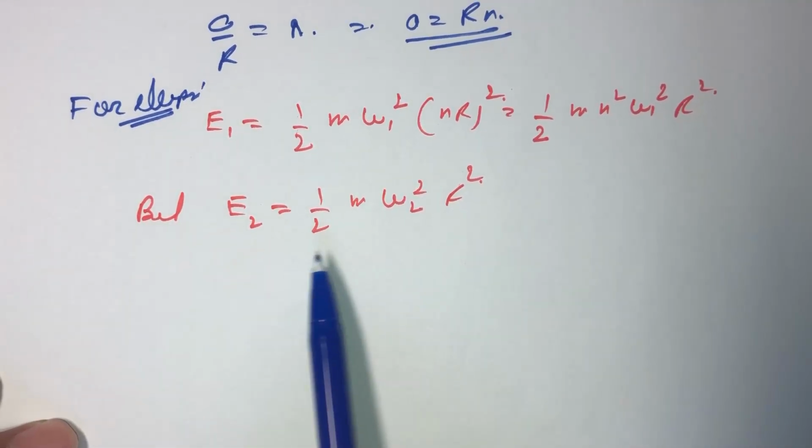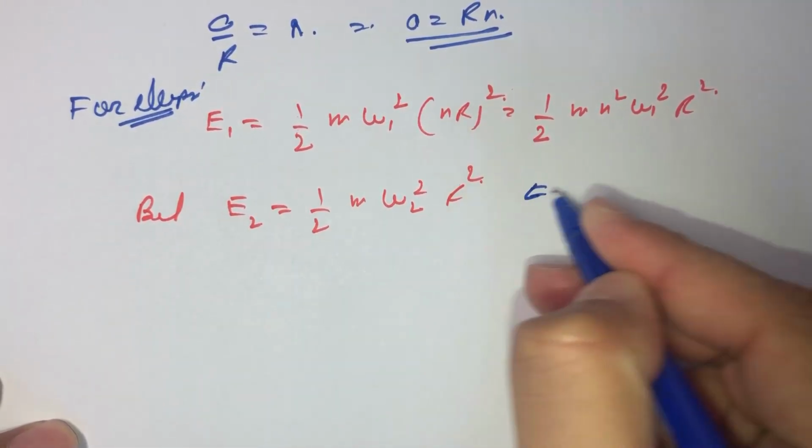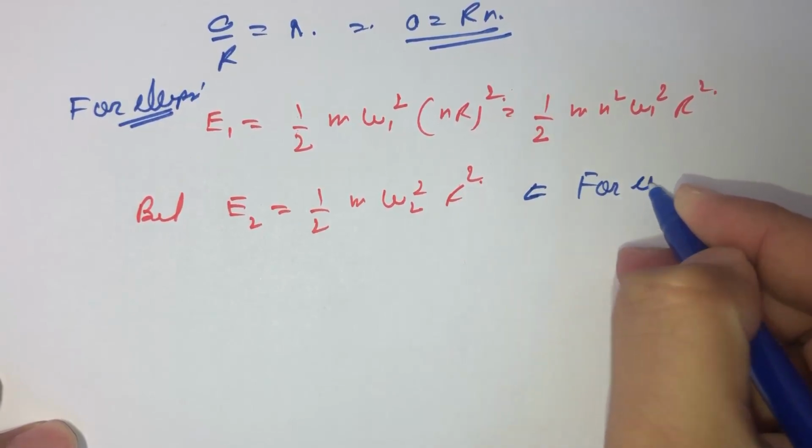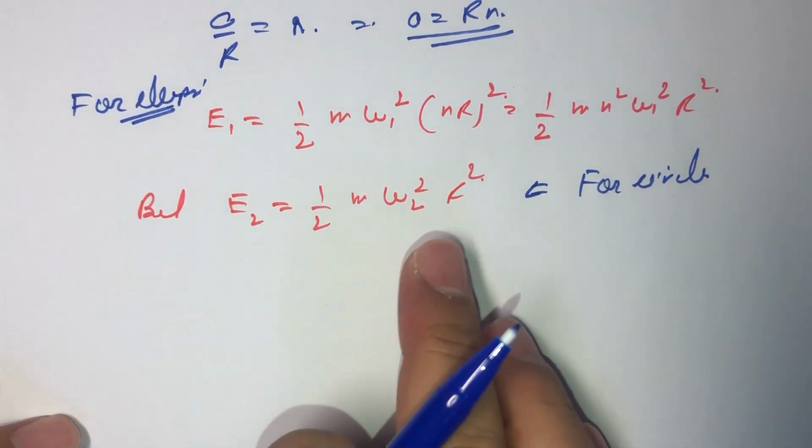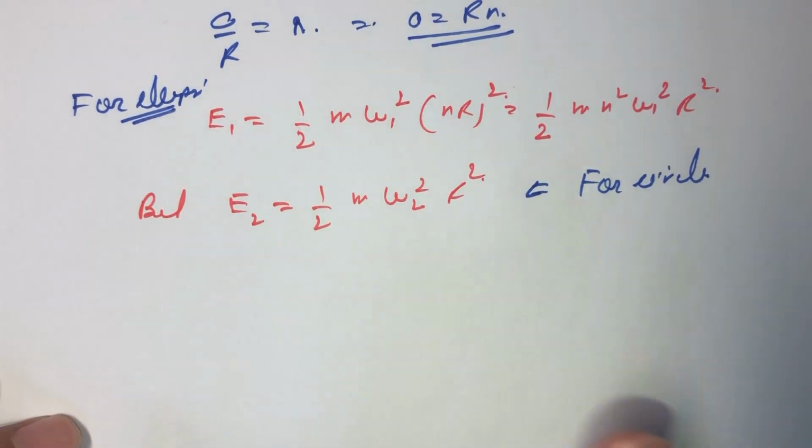Okay, and this is for circle. So substituting, we can say this is also r, this is also r, so we simply divide them.